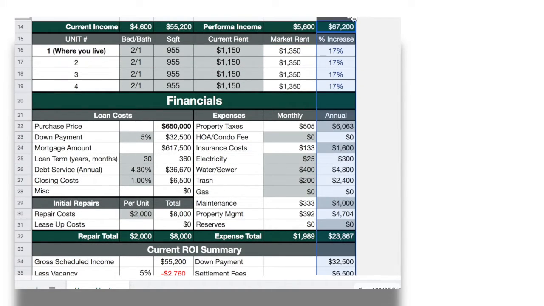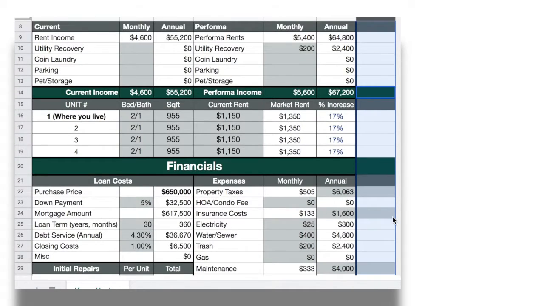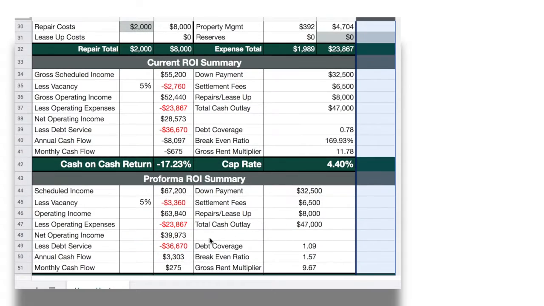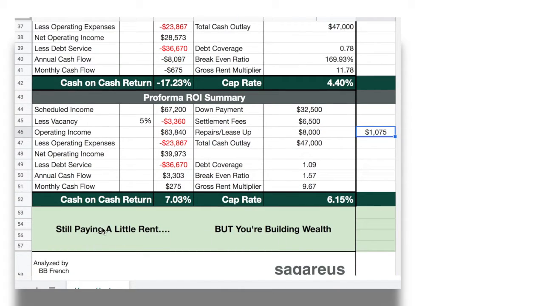So we can do a little calculation here. Your cash flow is $275. So you pay $13.50, but then you get back $275. So you're effectively paying a rent of $1,075 a month. Obviously you're still paying rent. That's substantially less than market rent, but you're still building your wealth.